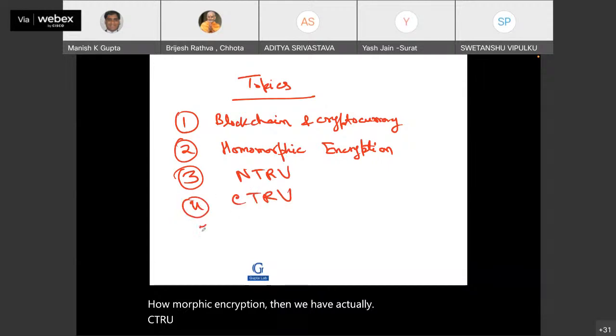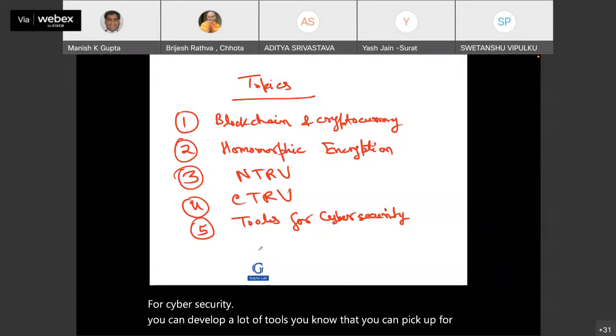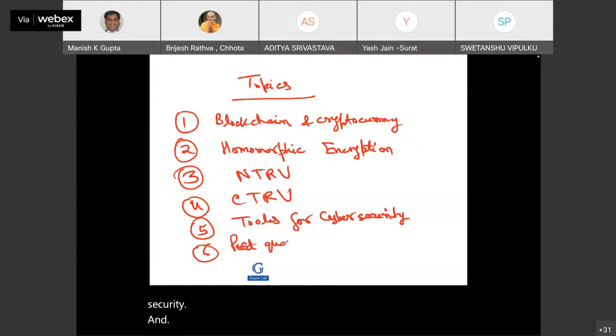Okay, tools for cyber security. You can develop a lot of tools that you can pick up for cyber security. Okay, and post quantum crypto system.